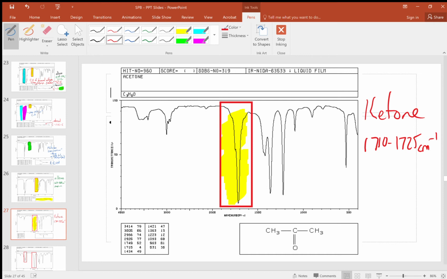We can have ketones that show up below 1710. And later on, we will discuss some of the things that can push us to higher or lower wave numbers. But this is our starting point, and it's the range where the majority of that functional group is going to fall.